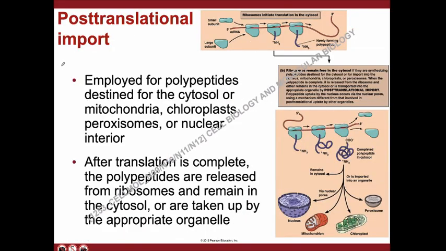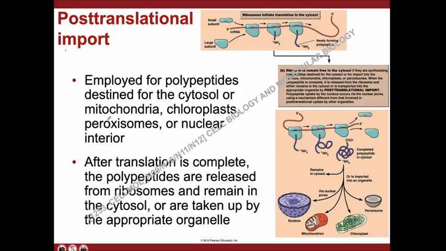And the other pathway that I have mentioned earlier is the post-translational import. Okay? And this is used for polypeptides that are destined for specific organelles like the cytosol or the mitochondria, your chloroplasts, peroxisomes, or the interior of your nucleus. Okay?